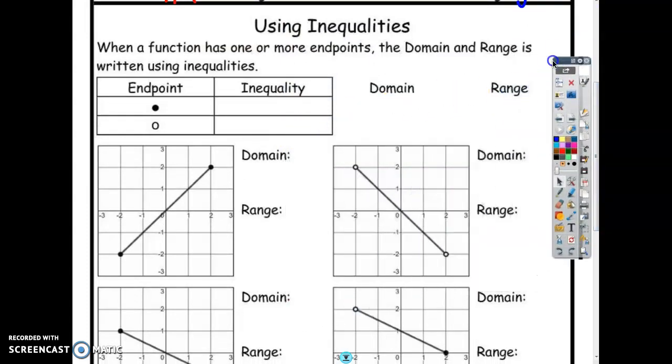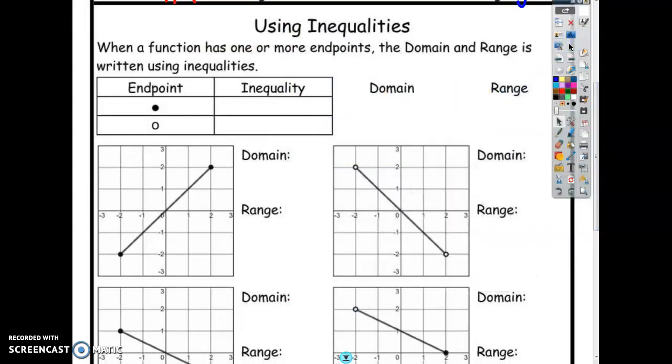At the bottom, let's move down here. Now these are going to have endpoints. They don't have arrows anymore. They have endpoints. So if the endpoint is closed, that means it can equal to it. It can equal to that point. It includes that point. And then the inequality will have a line underneath. Okay?